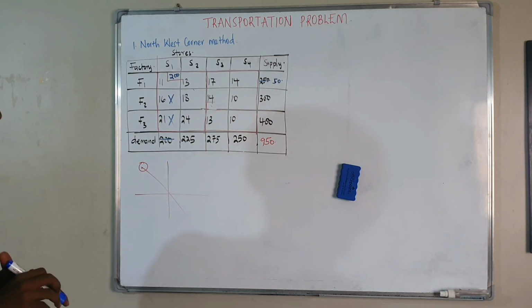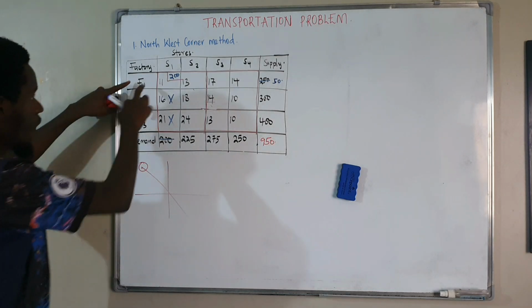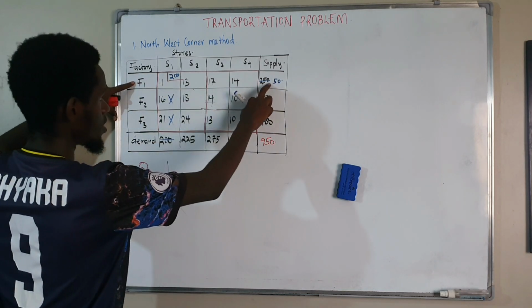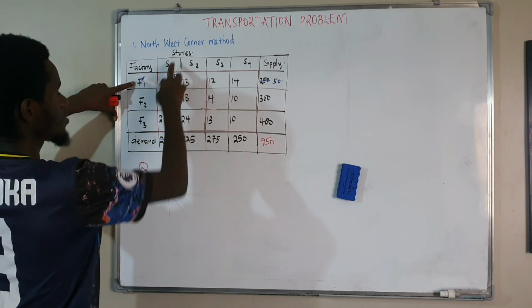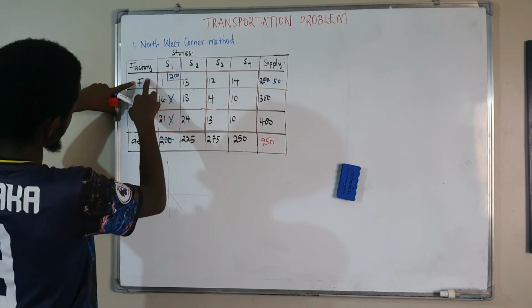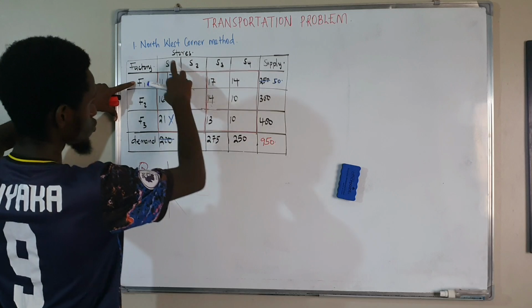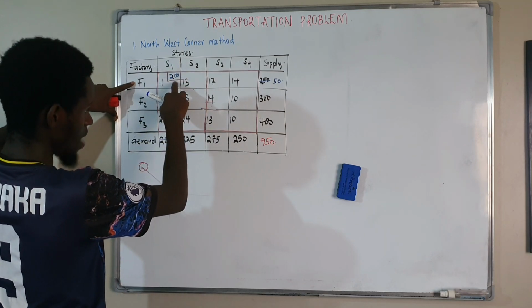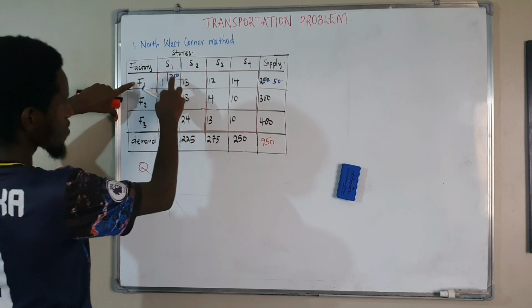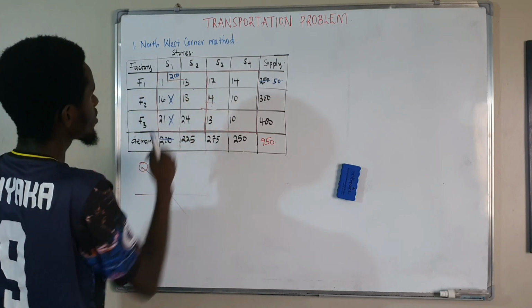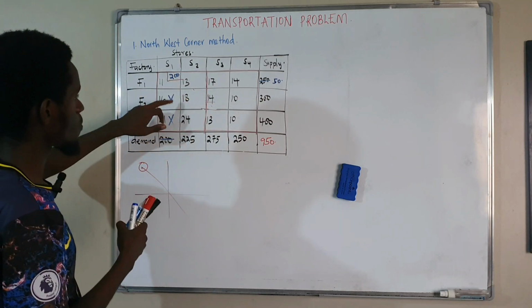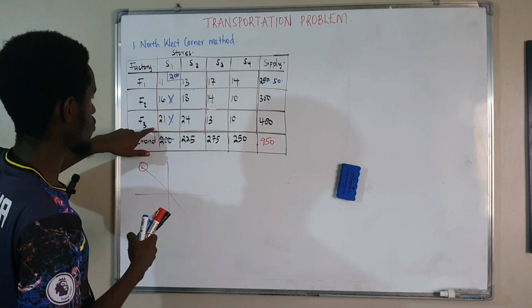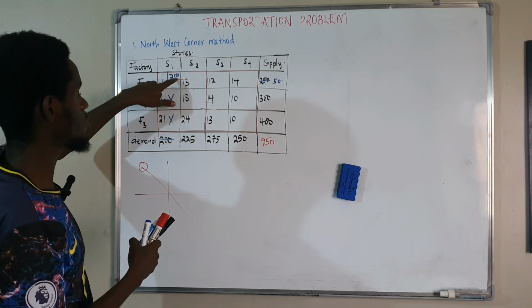I'm saying again that factory 1 supplies 250. Store 1 demands 200. Therefore, store 1 will only accommodate what it demands. It will take 200 only, and it won't get any other supplies from either factory 2 or factory 3 because it has accomplished its demand.